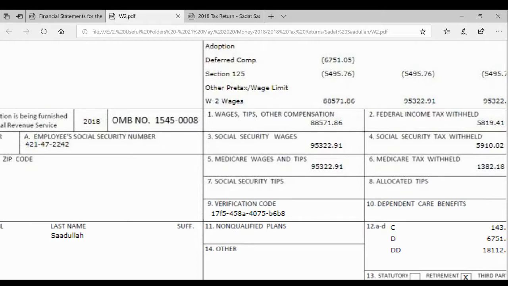Do the next number. Multiply the same number in box 3, which is the same number in box 5, 95,322. Multiply that with 1.45%, and that should be the number in box 6. See if they're accurate. What is the number? The number is accurate, right?